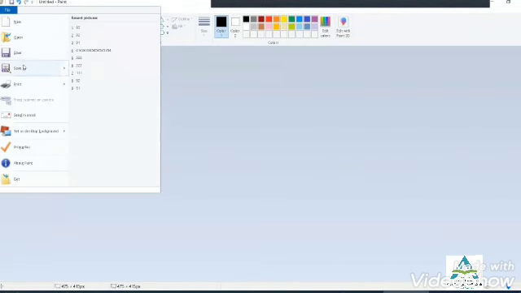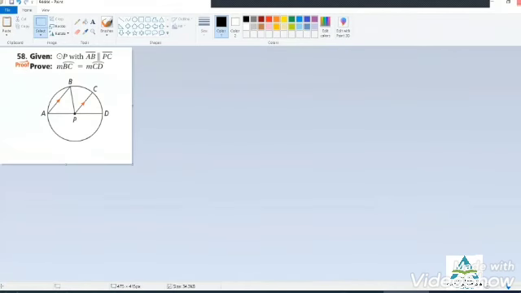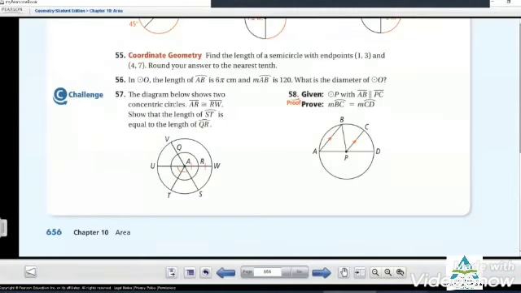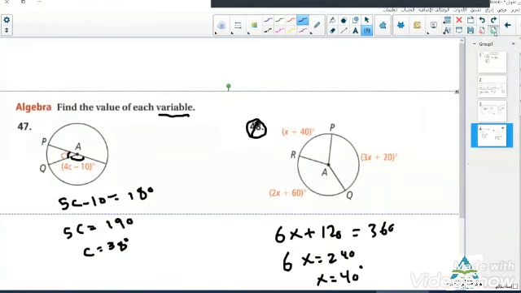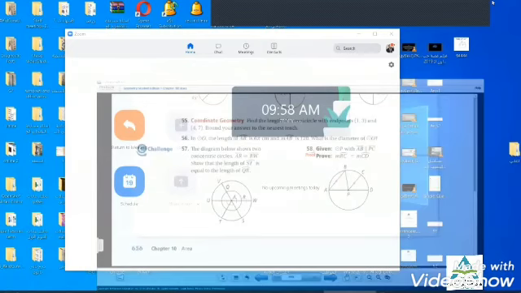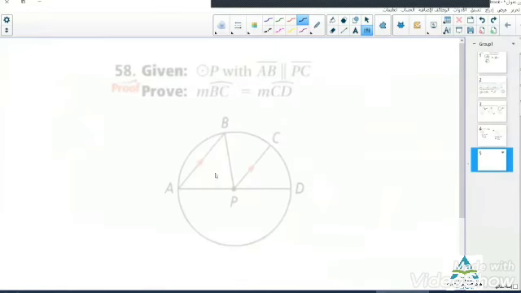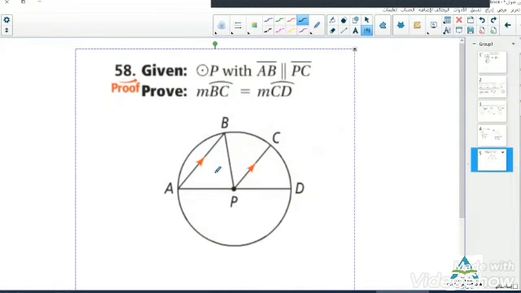Why is the measure of angle BC... the parallel lines? I don't know. Give up? No, wait a second. Okay, I'm waiting.